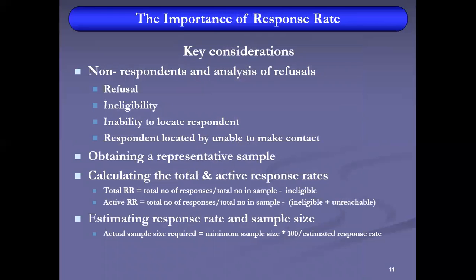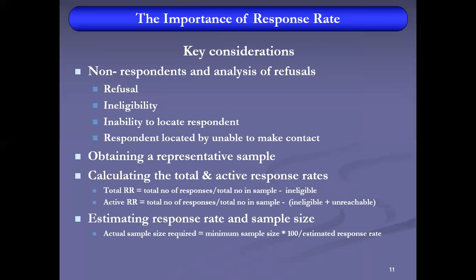The importance of response rate, key considerations, non-respondents and analysis of refusals. Then how can we assure the response rate? These things affect the response rate. For example, refusals. For some kinds of data collection, the refusals are very high.